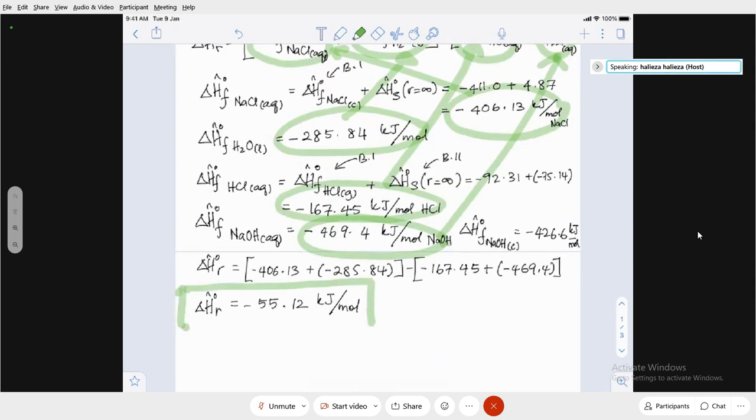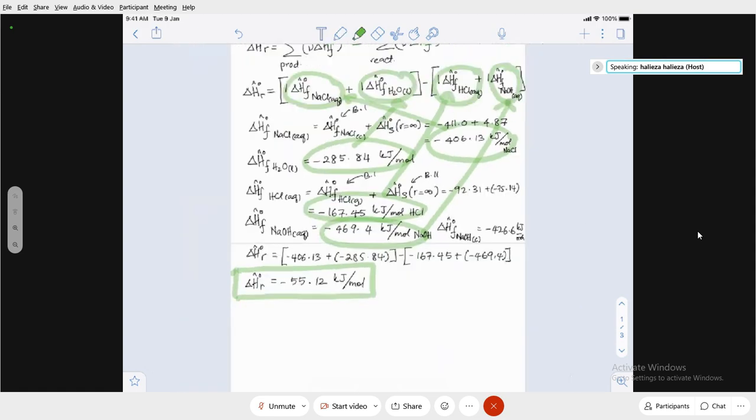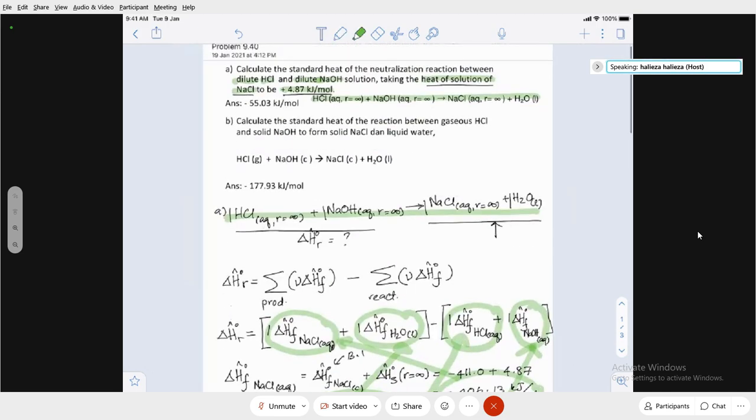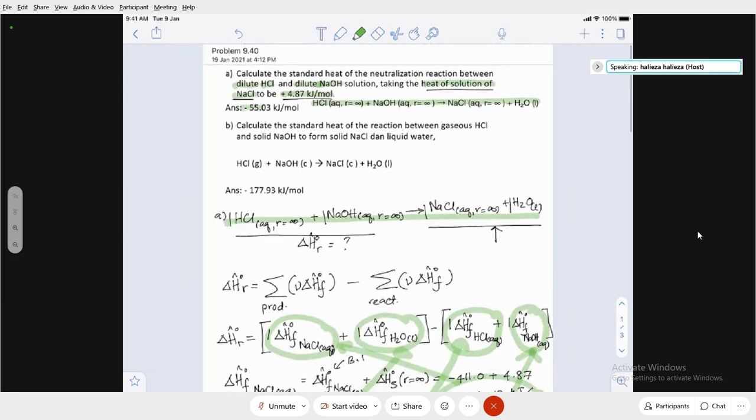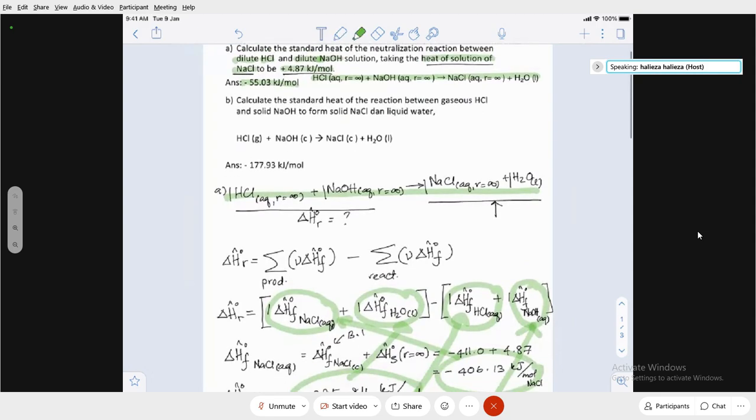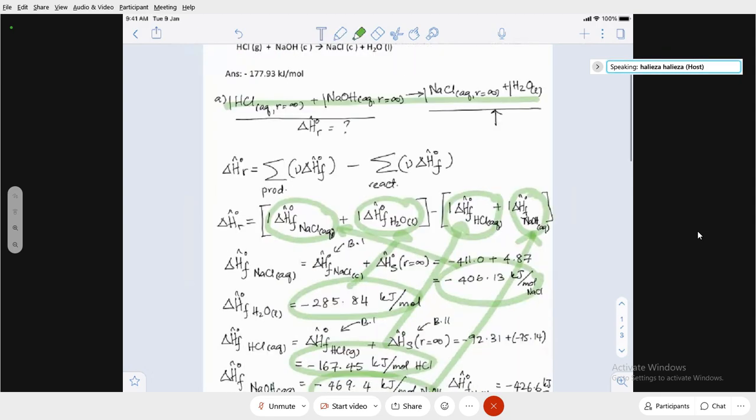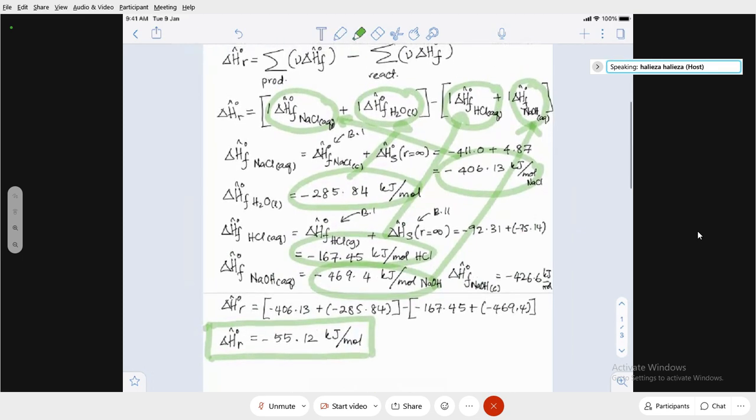Let's check the answer. Here it is minus 55.03. There's a slight error in the value after the decimal point, but it's obviously minus 55. So that's how you go about calculating your heat of reaction.